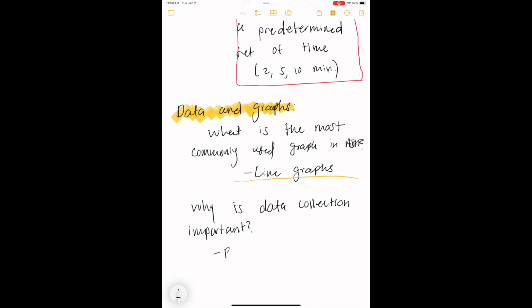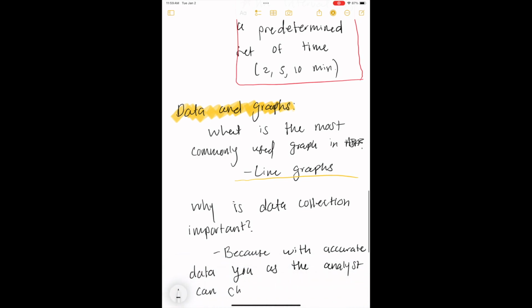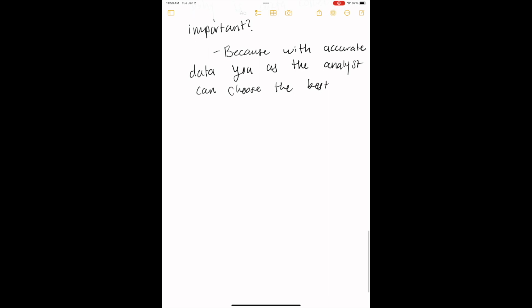You would say something like, because with accurate data, you as the analyst can choose the best intervention for the behavior. Something like that.